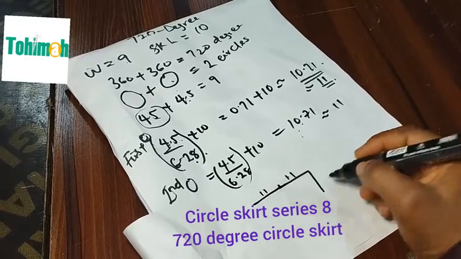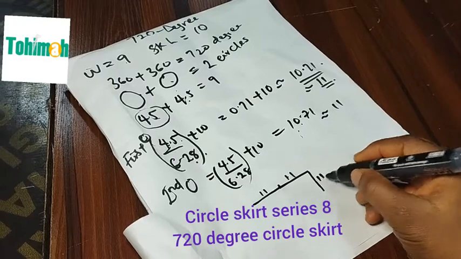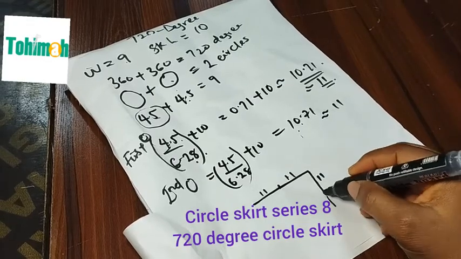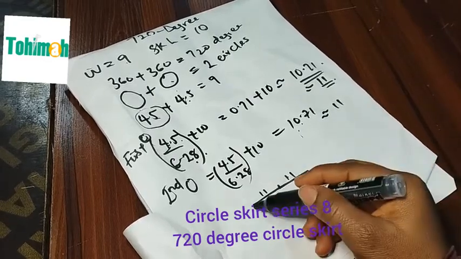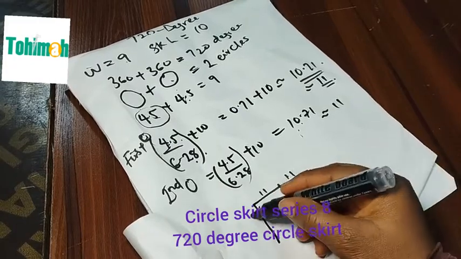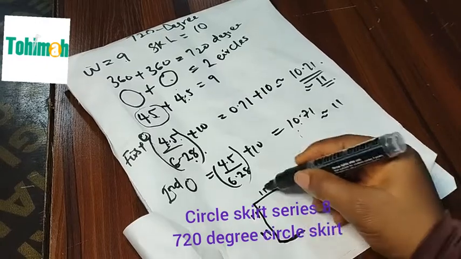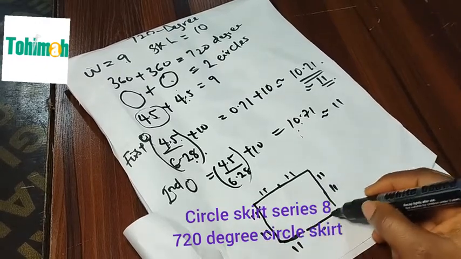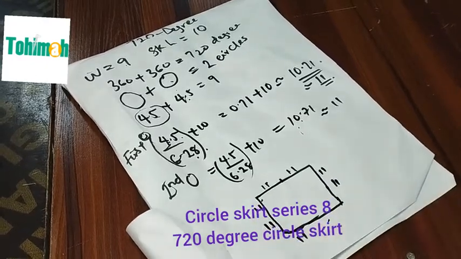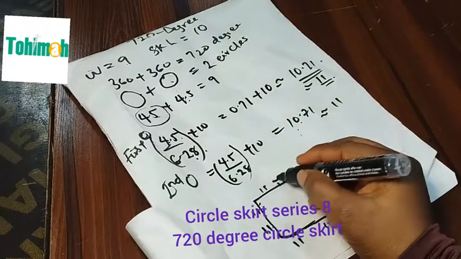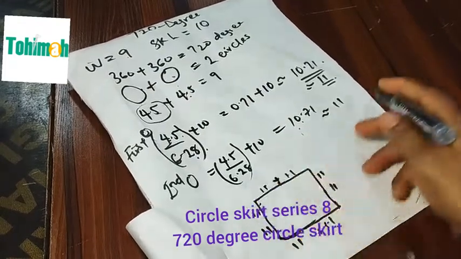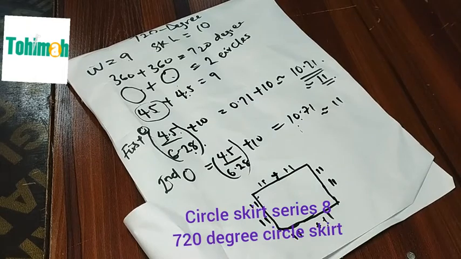Then we have another 11 here, then another one here. Since it is length by length, we're going to have 11 here, then also from here 11. So this is what we need. That means we need 22 by 22 for each circle.